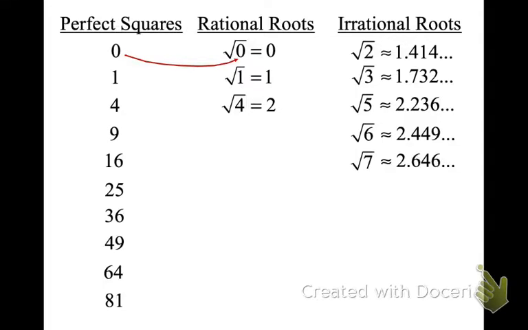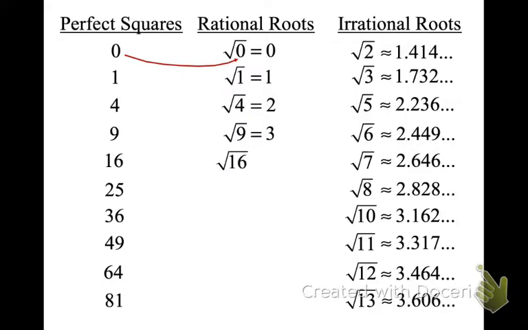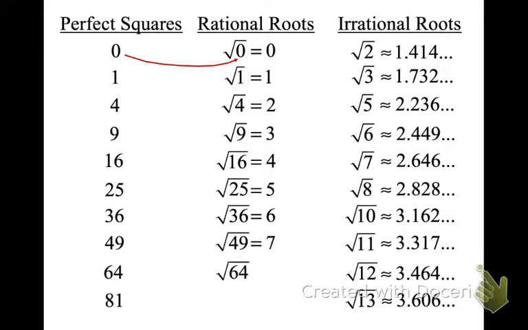Square root of 8, irrational, but square root of 9 is rational. Square root of 10 is irrational. 11 is irrational. 12 is irrational. 13 is irrational. Square root of 14 is irrational, and so on. All my perfect squares are rational roots. We could go on and on with this, but all of our perfect squares are rational roots.